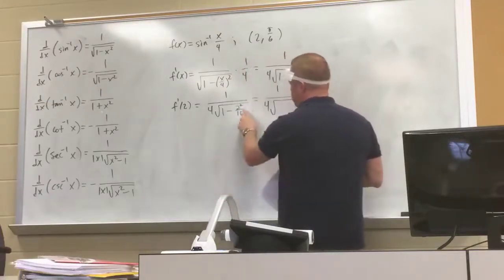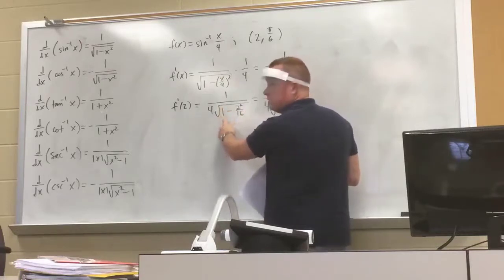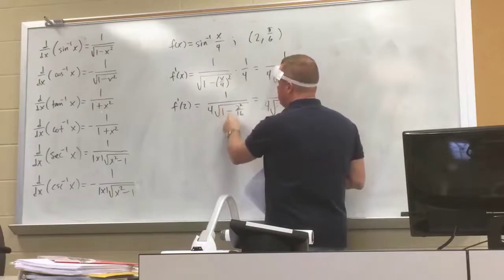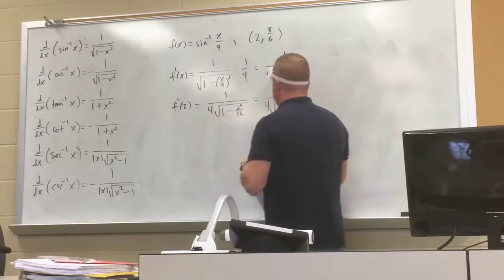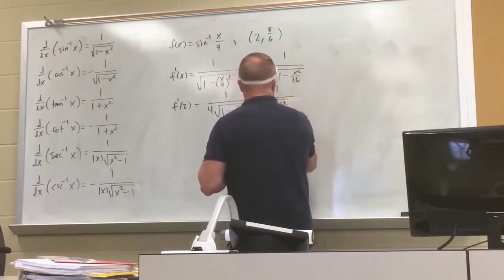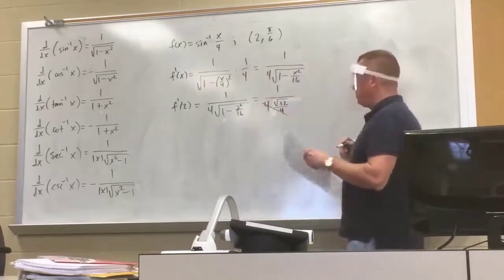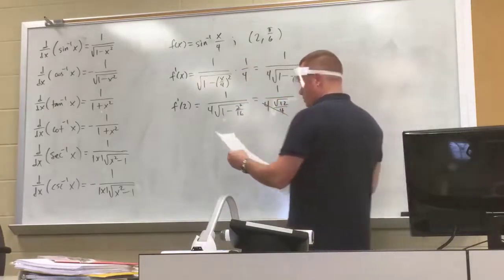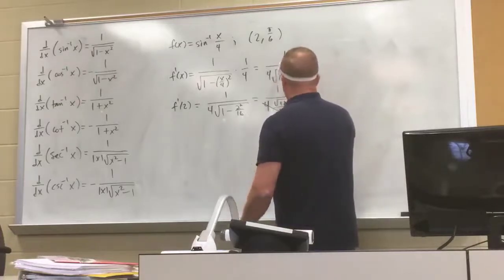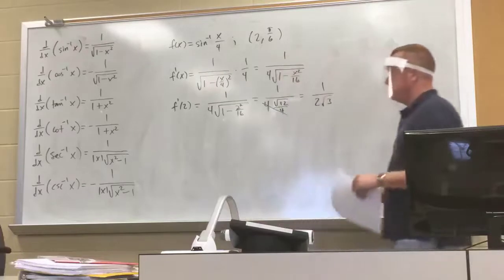All right, this will be 4 over 16. This is 16 over 16. So 16 over 16 minus 4 over 16 is root 12 over 16, which is root 12 over 4. Your 4's cancel. So you have root 12, which will reduce to be 2 root 3. So I got 1 over 2 root 3 as the slope.